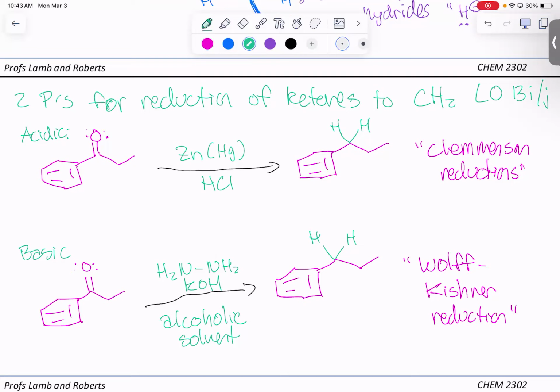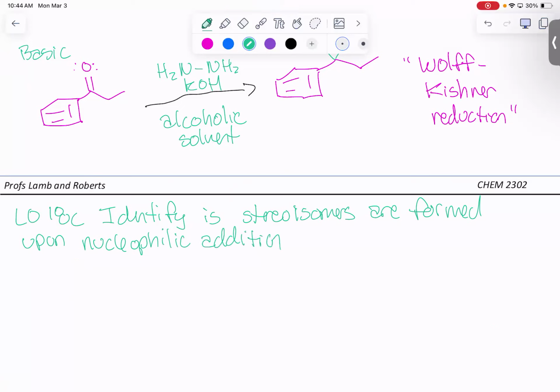We're going to take a look at the stereochemistry implications of additions of nucleophiles. This is learning objective 18C. We're going to identify if stereoisomers are formed, specifically if they're formed upon nucleophilic addition to carbonyls.